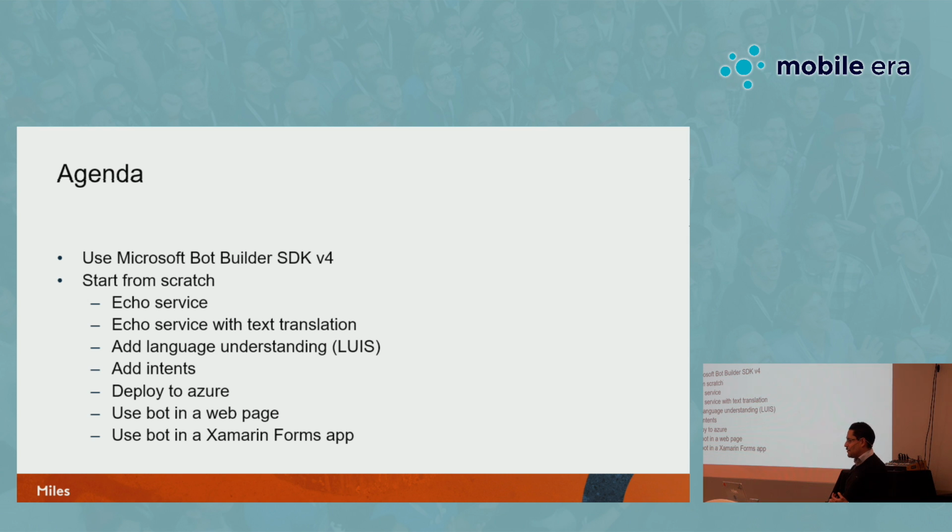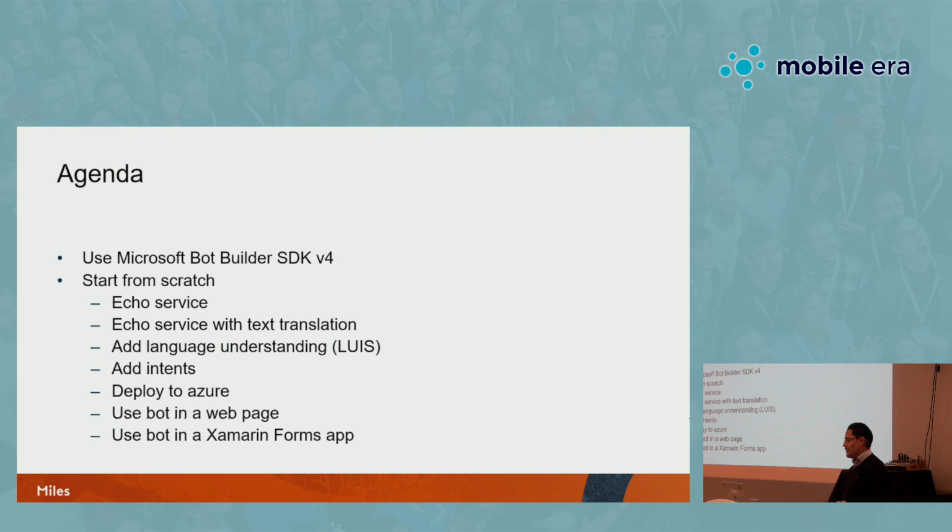So one of the things that we need to be able to do is translate text. So in the second step of this talk, we will enhance this echo service with a text translation service. And that's also a good start, but how can we make this chatbot more intelligent?